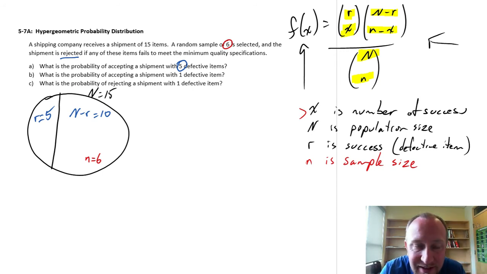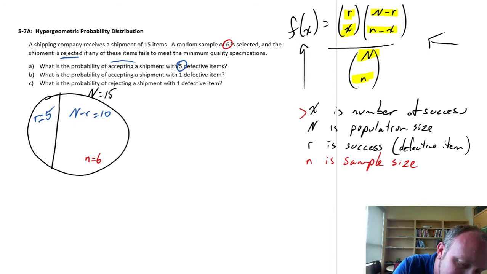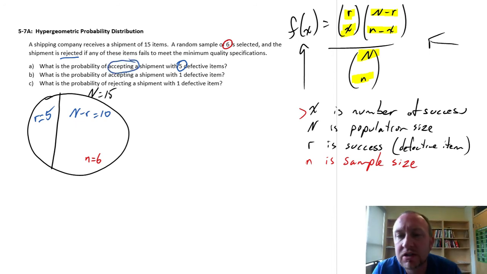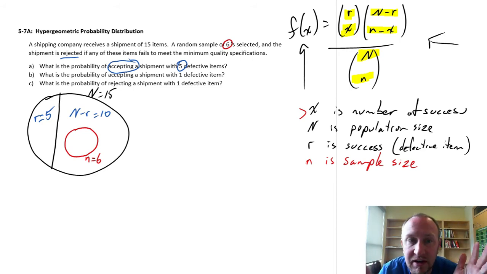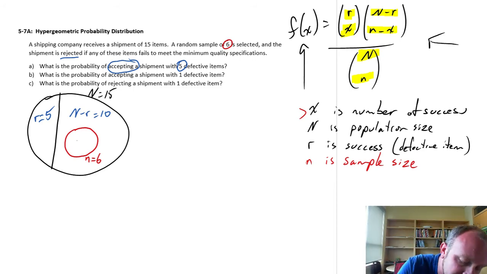And what the problem is asking us, what's the probability of accepting? So what that means is, what's the probability then of taking a sample that has no defective items in it? So what this means is x is equal to 0, n minus x is equal to 6.